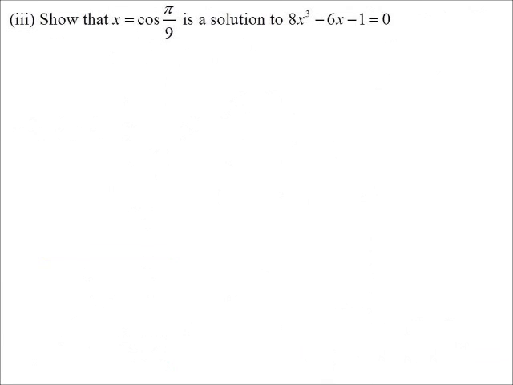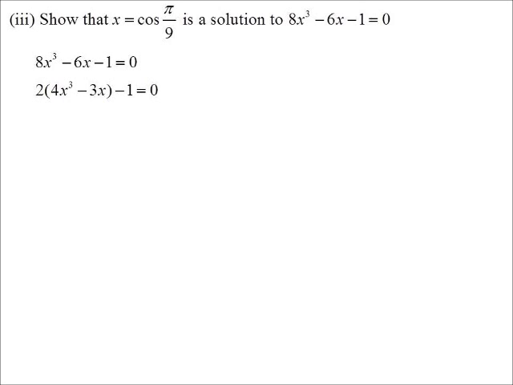We've seen some like this when we were looking at polynomials. You might remember in the extension questions. All right, we're going to show that x = cos pi/9 is a solution to this particular polynomial equation. So I'm going to regroup it. The regrouping, of course, I've done here is using what we just proved before.